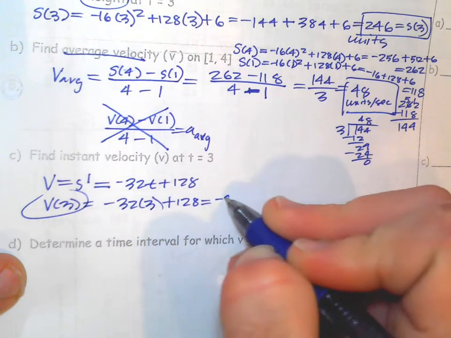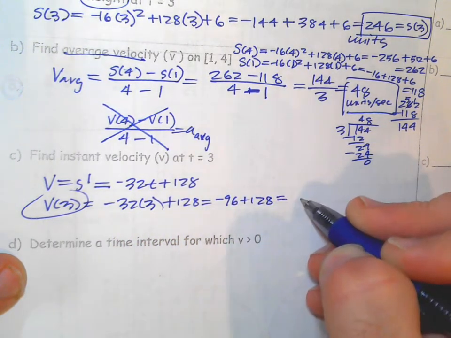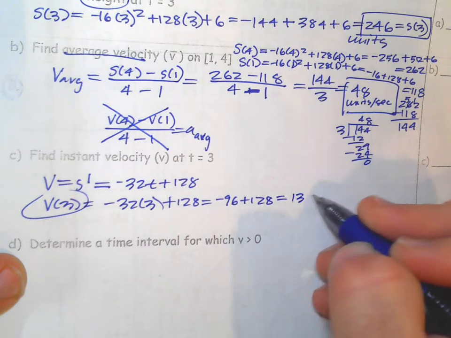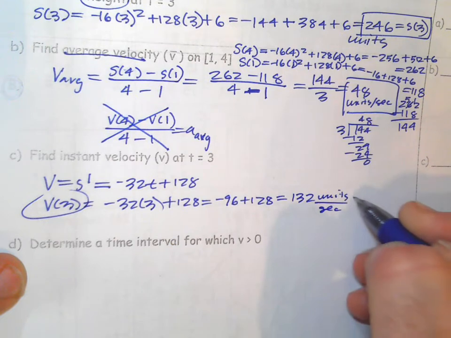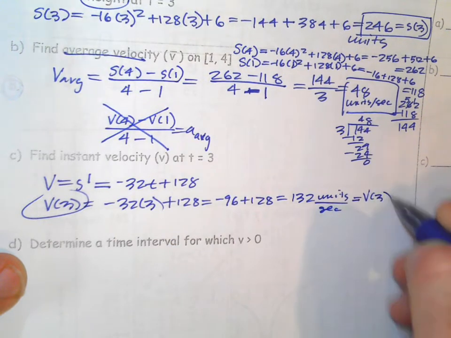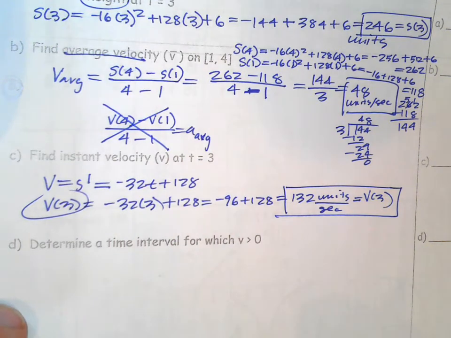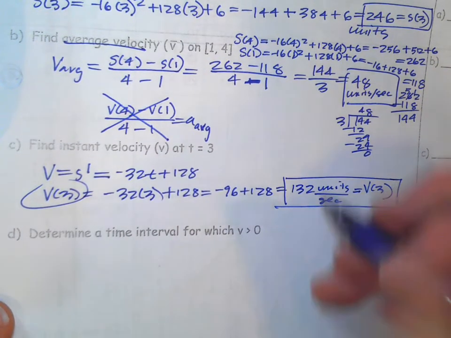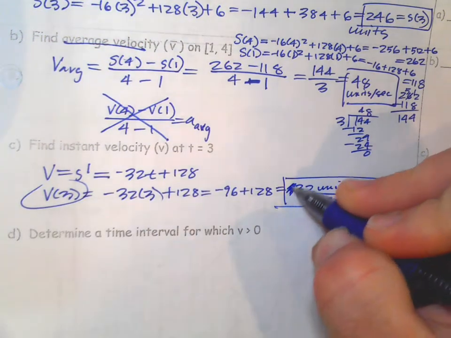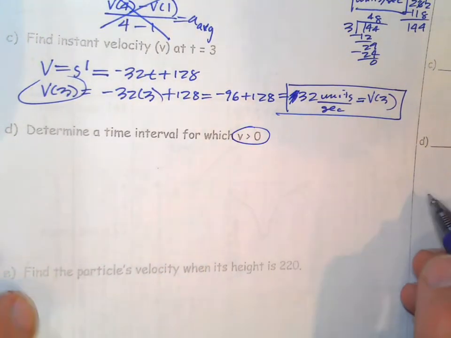So it's negative 96 plus 128 is 32 units per second. It's the velocity at 3. Did I make a mistake? 32, not 132.